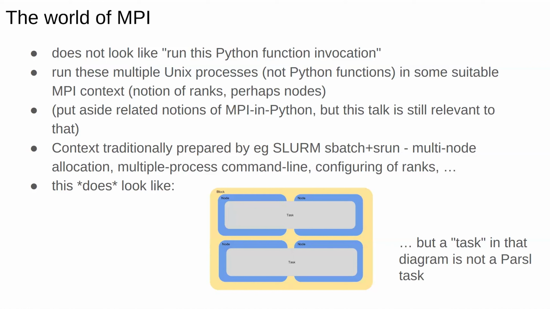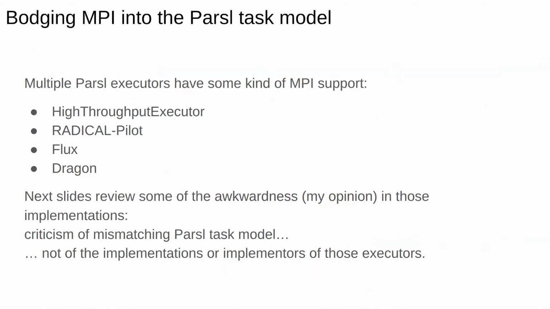But a task in this diagram doesn't look at all like the Python stuff I said before. So there's this sort of conflict here. And depending on how much you've thought about this, you might see it as a big conflict, you might see it as a not very important conflict. So I'm going to talk about, we've got 4 executors that have some kind of MPI support.